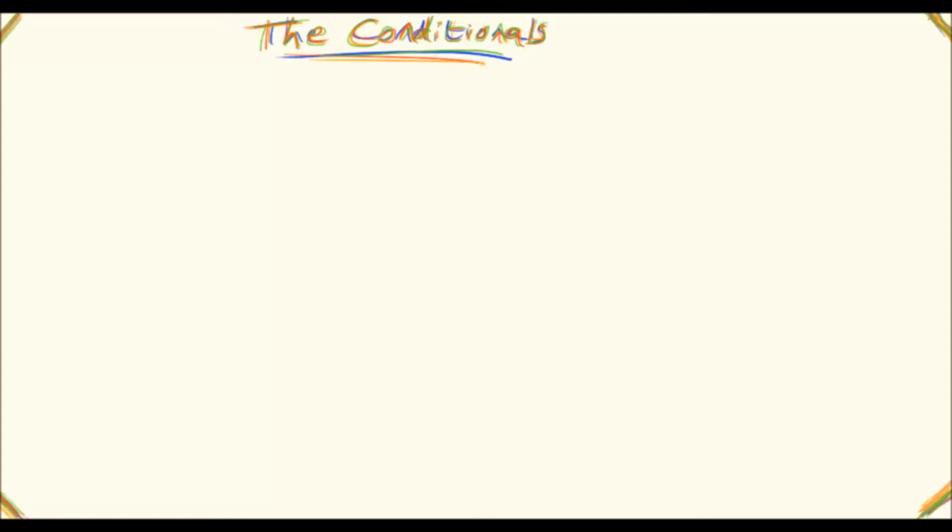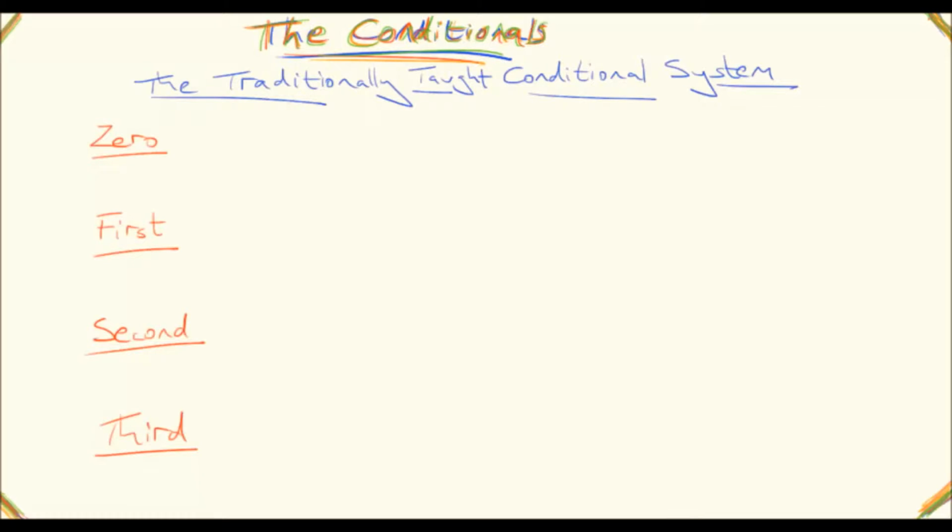First of all, quick question: how many conditionals are there in English? Hopefully, you've been taught at some point that there are 4 conditionals, and they are 0, first, second, and third. I suppose you could also argue that there's mixed as well, a possible 5th conditional, but we'll stick with these 0, first, second, and third conditionals.